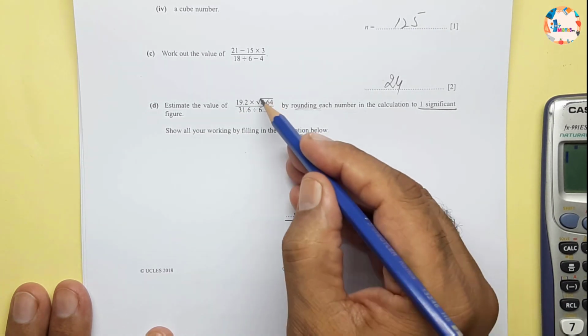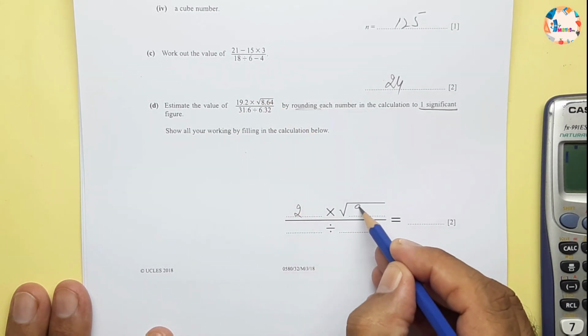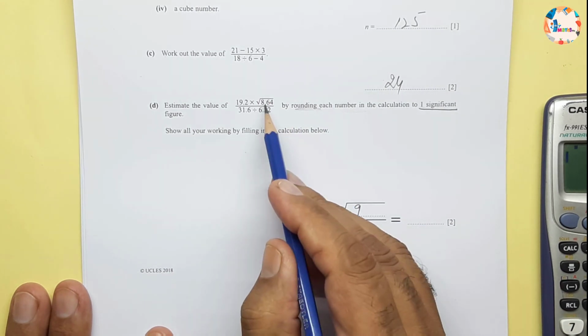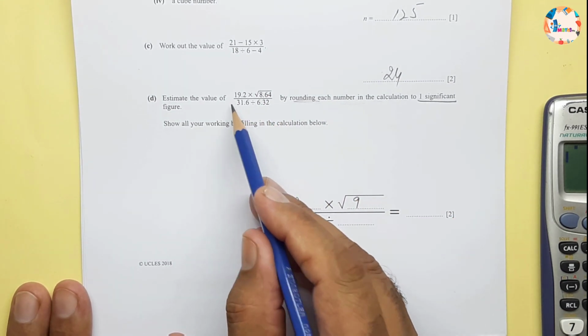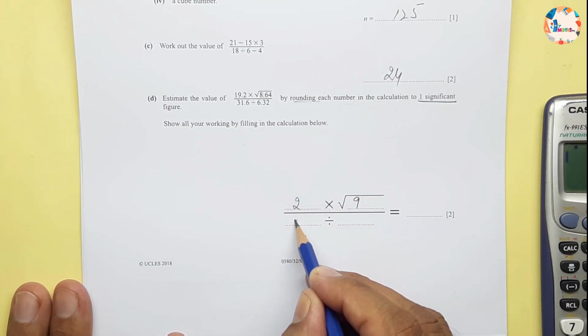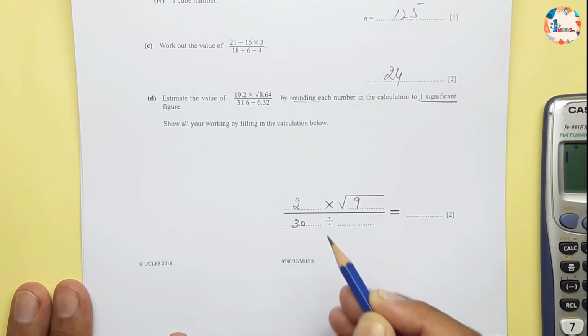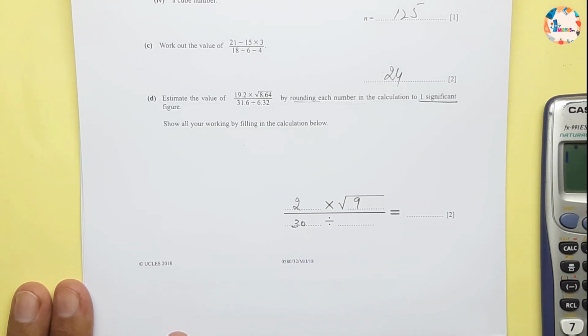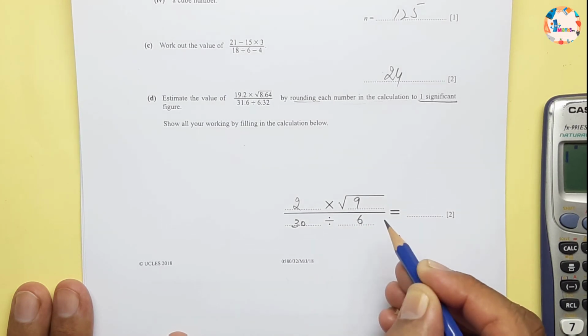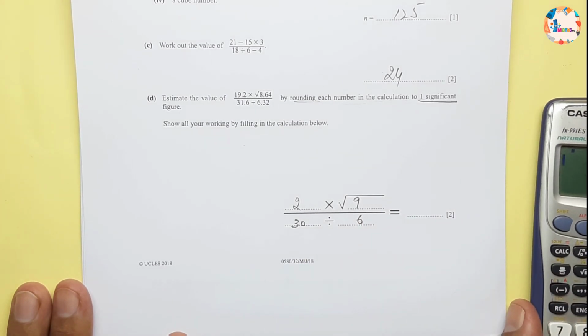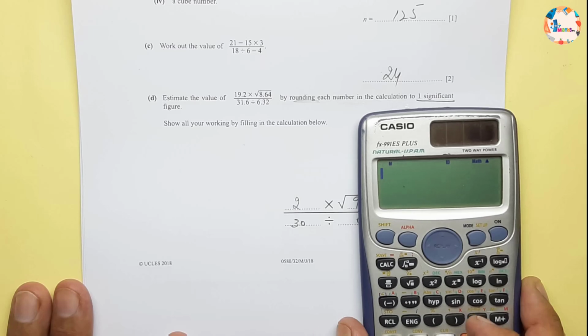And then this will be 8. Instead of 8 we will be taking 9 because we are losing 64. So then this one, 3, we can write as 30. Basically this will be 30 divided by 6, because this is 6.32, we can lose this and then we can calculate this.